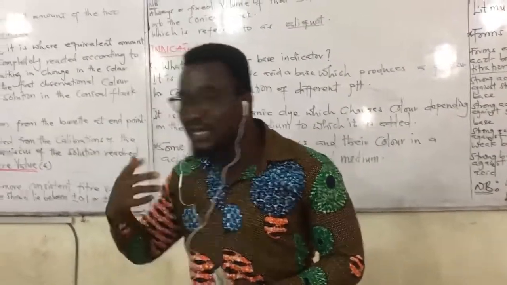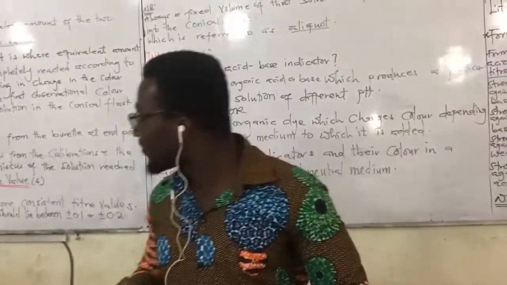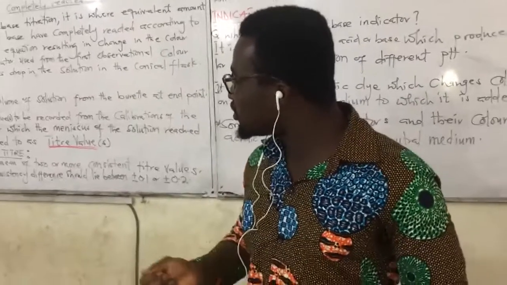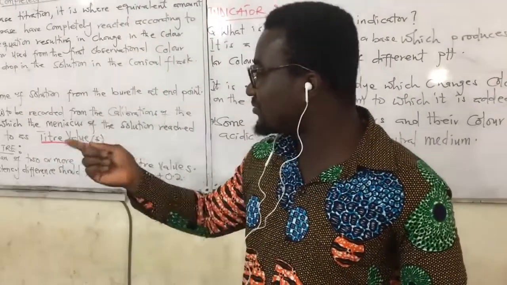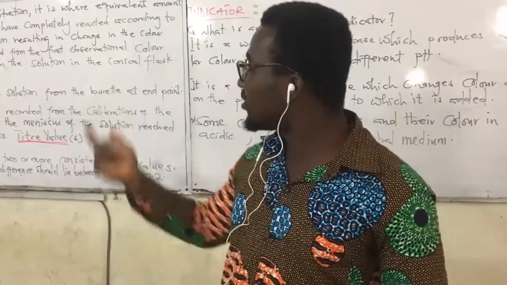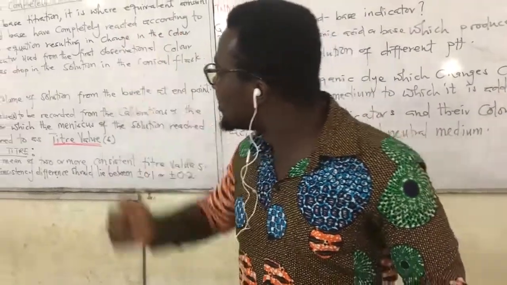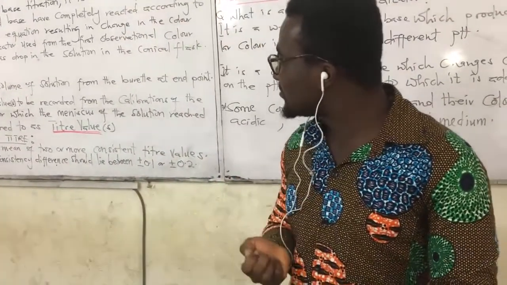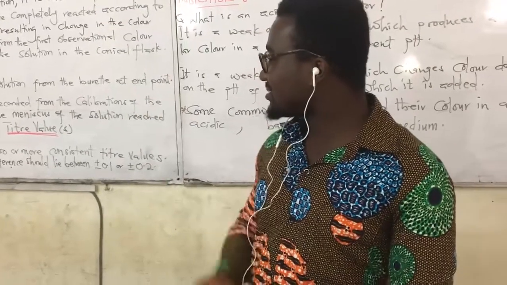Today, we have looked at the meaning of titration and then types of titration. You've realized that we have acid-base titration, redox titration, and then we have also looked at the endpoint.